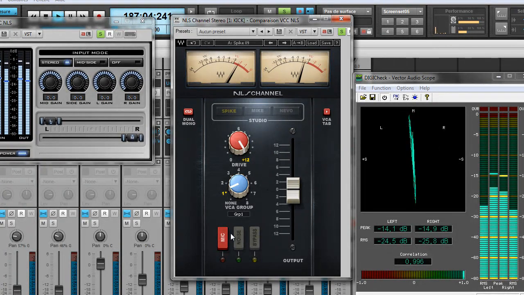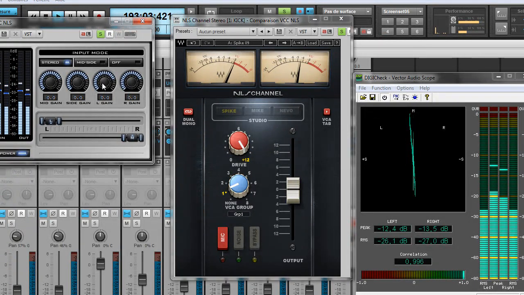That means on the real console, look at that on the meter, the left channel is kind of higher in level than the right channel, right? So what you're gonna do, simply you're gonna do that. Okay, I just lowered the left channel and bing, this is the way we used to work on the real console, man.